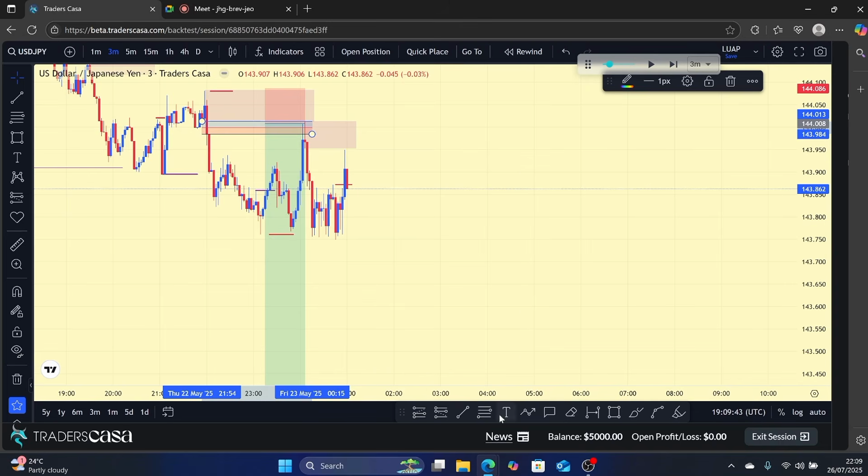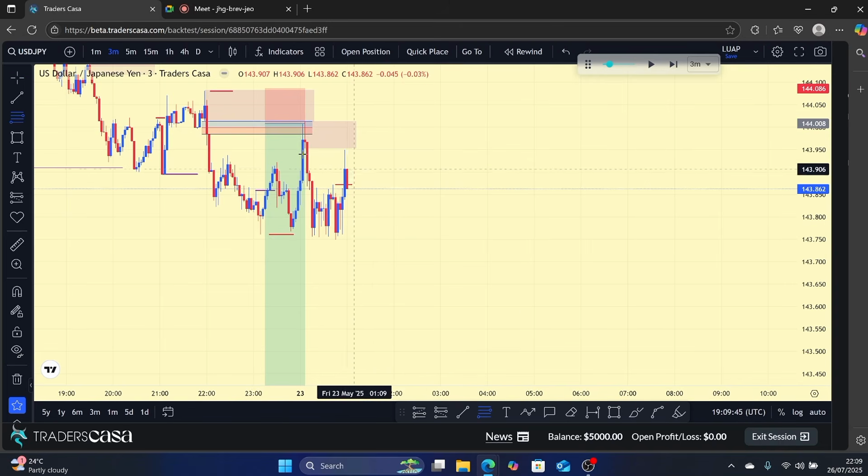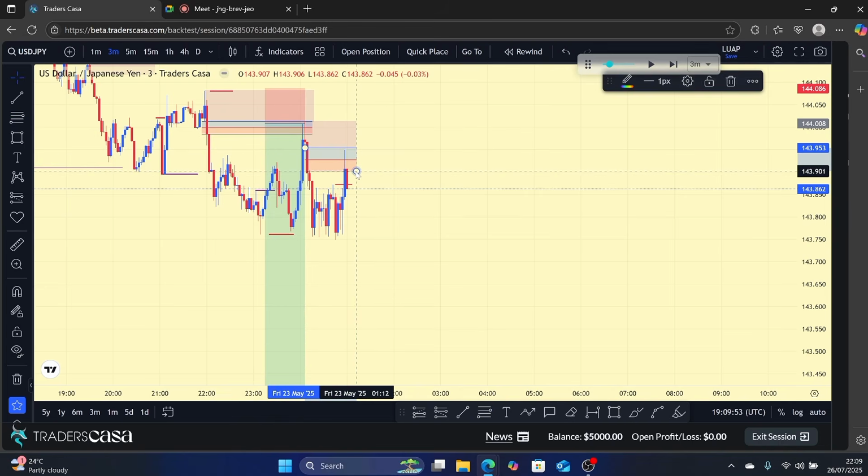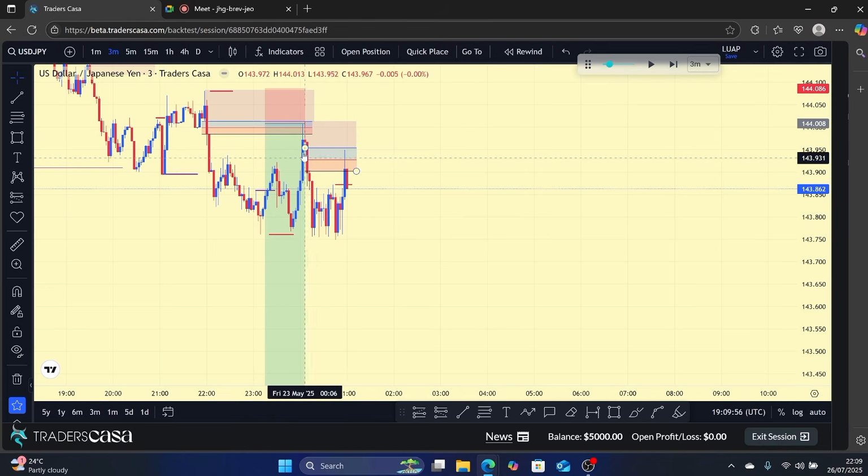Same here, you can see price made it out to this fair value gap. In fact, you can see, I will call this an inverse. So there is a fair value gap at this end and another fair value gap at this end. This is what we call the balanced price range. So the BPR, what ICT traders call that.